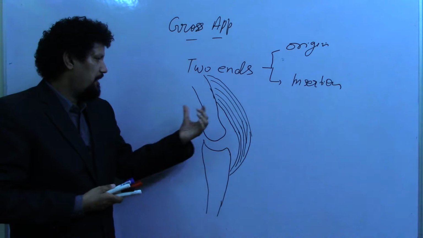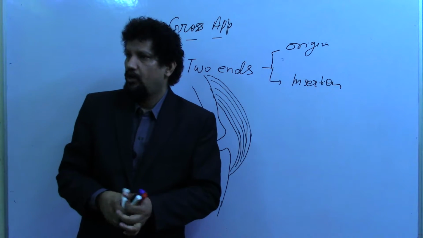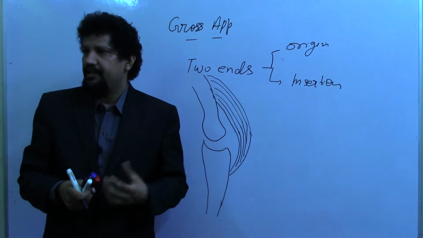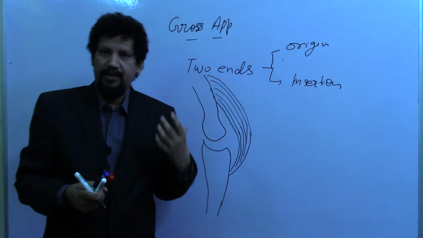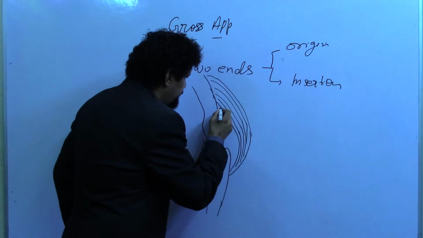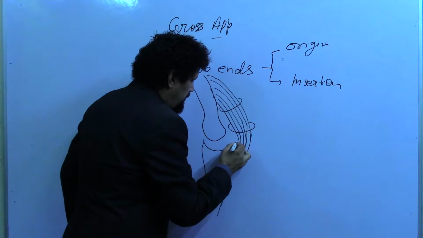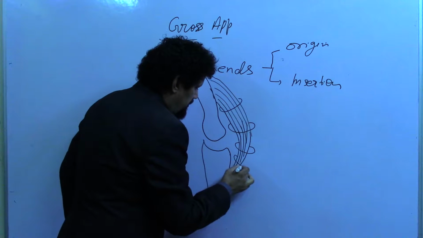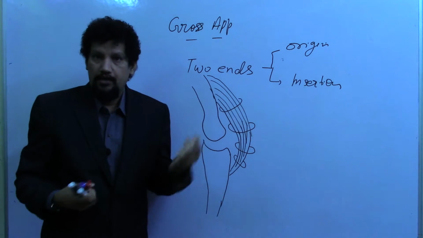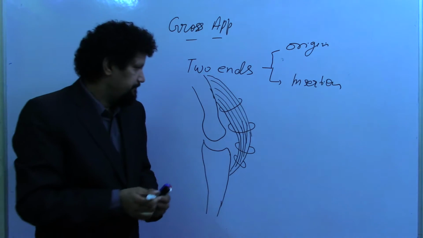This stable part or the fixed part during the contraction of the muscle is known as origin, especially in cases of the extremities of the body, that is the upper limb muscles and lower limb muscles. So this part, which is less movable, stationary or comparatively less movable, is known as origin.